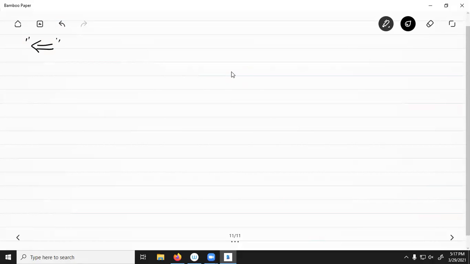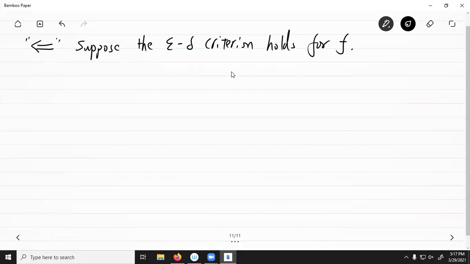The other direction says, suppose the epsilon delta criterion holds for the function f. That means f satisfies the epsilon delta criterion at x equals a. We want to prove f is continuous.